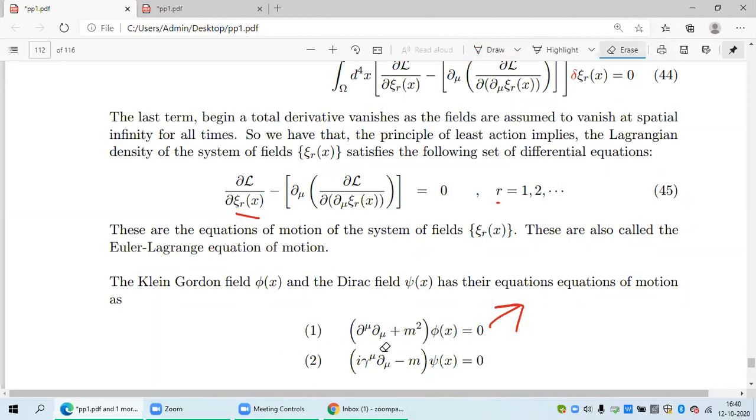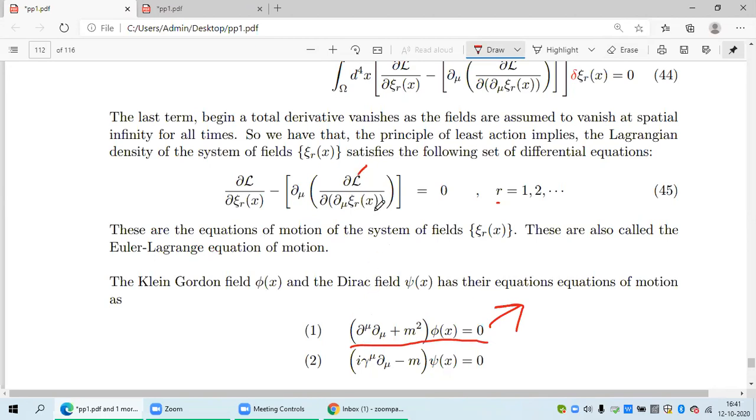This is the equation of motion of the system, which is equivalent to this equation. So I have to find out what should be the form of L so that if I put L here, it will give you this equation. Clear? That will be the Lagrangian for that Klein-Gordon field.